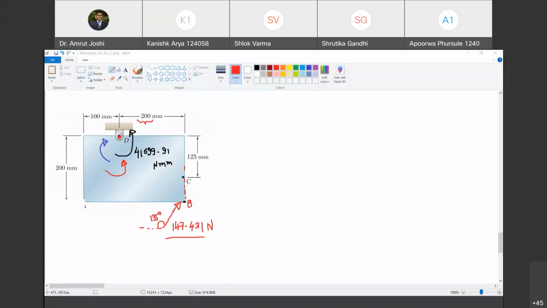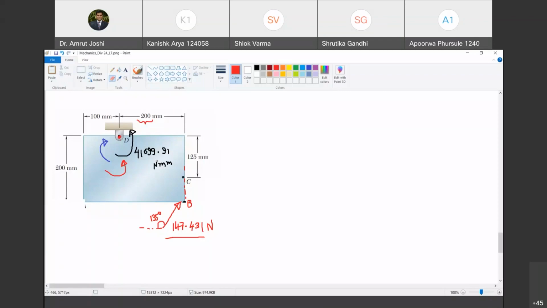Are you with me? Yes, sir. Like that. And then it is going to cause clockwise movement about D. So there is some problem in sign or interpretation of sign. We will come back to that once again, but just before that, let us do one thing. If 147.431 Newton is in this direction, does it produce the same moment about D? We will calculate. Are you with me? Yes, sir.